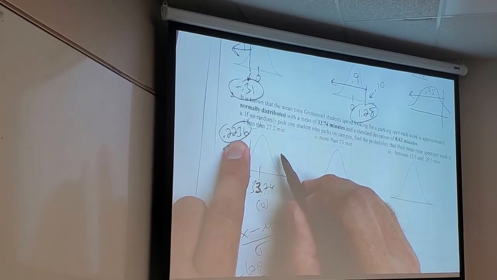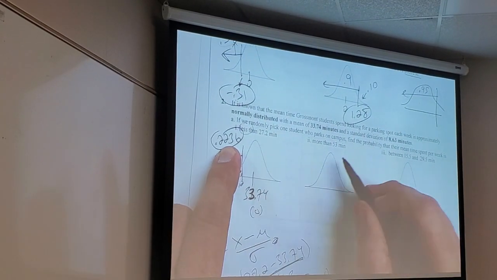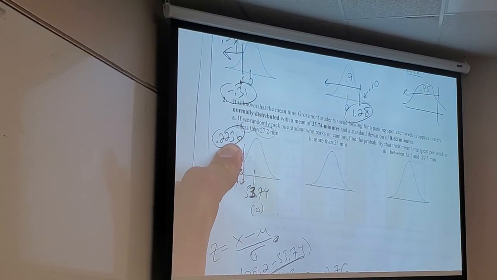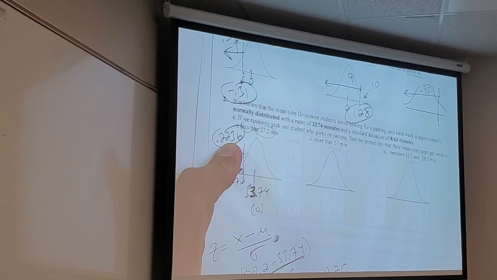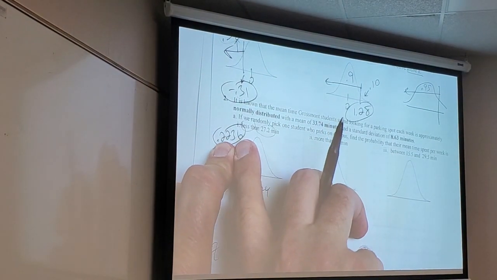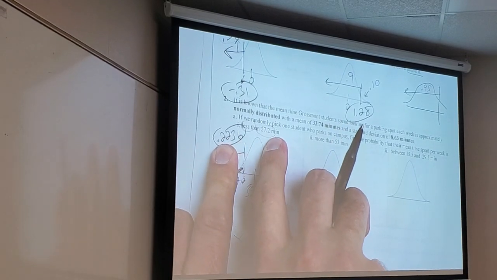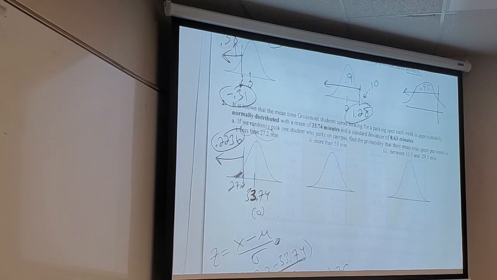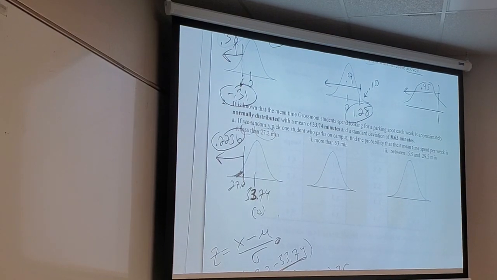There's about a 22.36% chance that a student will spend less than 27.2 minutes a week looking for parking spots, right? That's a very direct way to say it. Here's another way to say it. 22.36% of Grossmont students spend less than 27.2 minutes looking for a parking spot each week. Both of those mean the same thing.